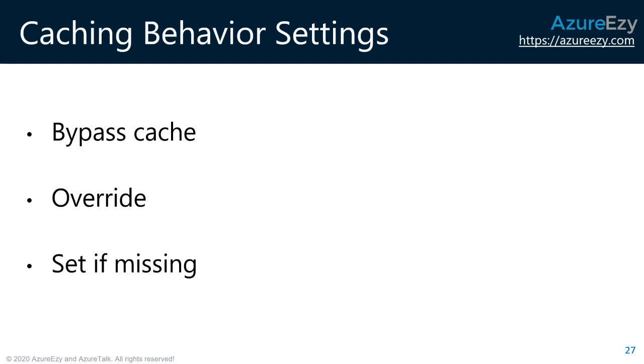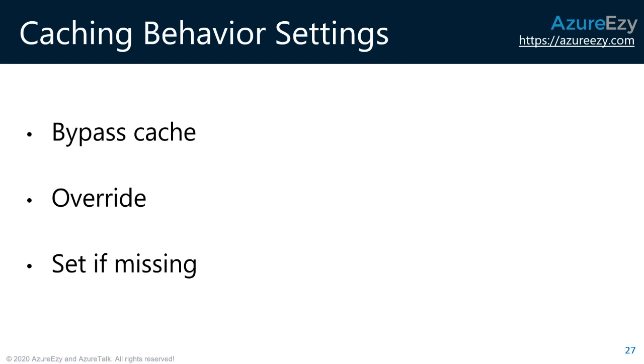Second is override. If I have configured the caching behavior as override, in this case it will override any caching which is configured at the origin level, and it will use the caching setting which we have specifically mentioned. So it will override the previous one and use the one which we have specified.